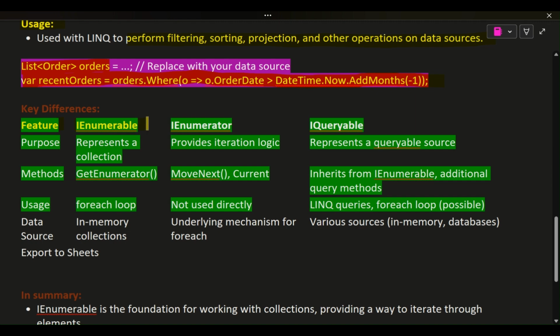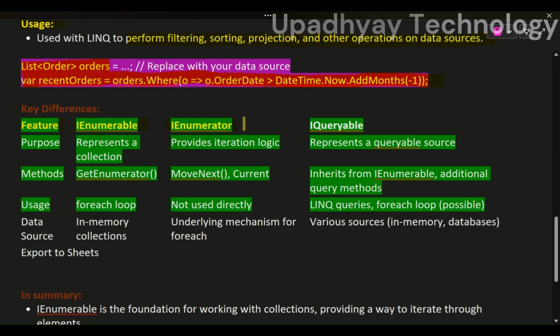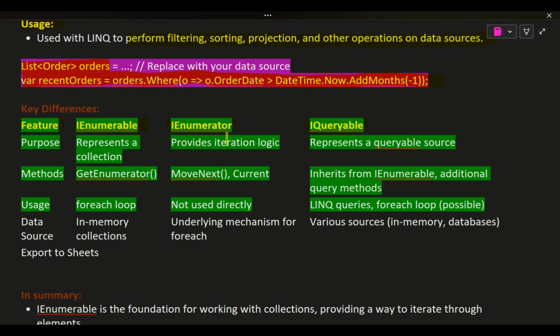Key differences. Feature: IEnumerable, IEnumerator, IQueryable. Purpose: represents a collection; provides iteration logic; represents a queryable source. Methods: GetEnumerator; MoveNext, Current; inherits from IEnumerable, additional query methods.